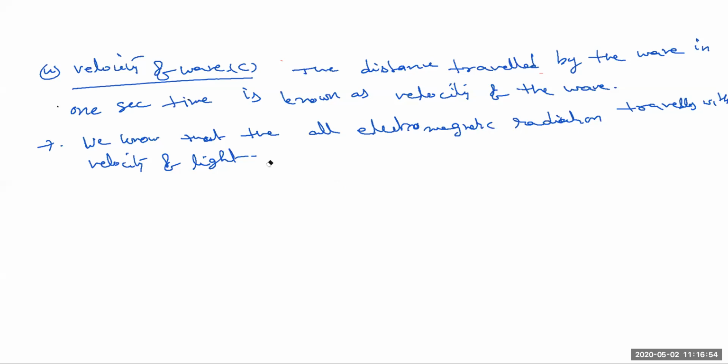Now what are the units of velocity of light? The representation is C only. Therefore, velocity of light C is equal to 3 into 10 power 8 meter per second, or 3 into 10 power 10 centimeter per second. Okay, note down.